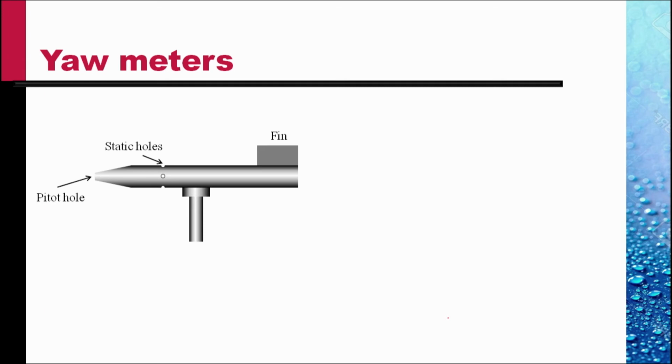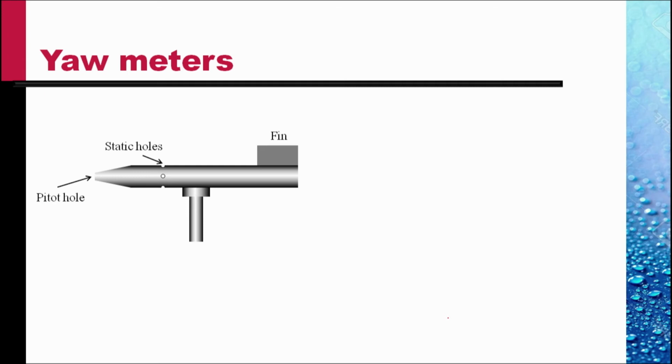In this, we use a tube with one pitot hole and 4 static holes, 2 in the vertical plane, 1 at the top, 1 at the bottom, and 2 in the horizontal plane, 1 in front and 1 at the back. And we read the difference in the pressure between these static holes.